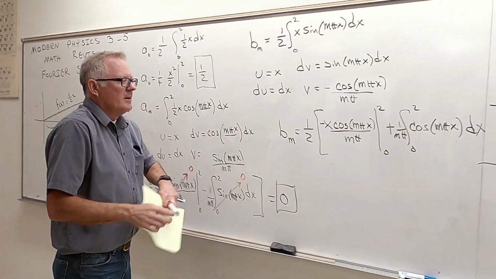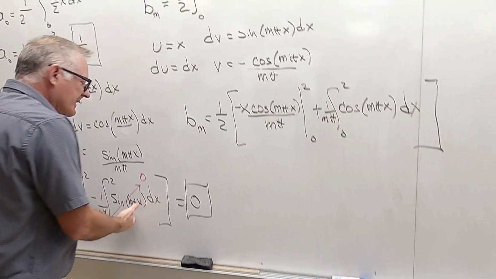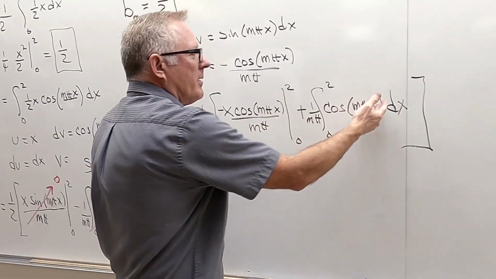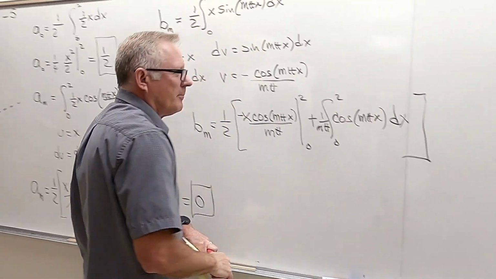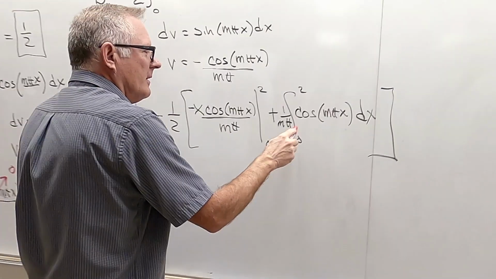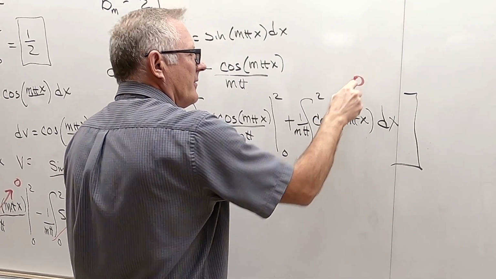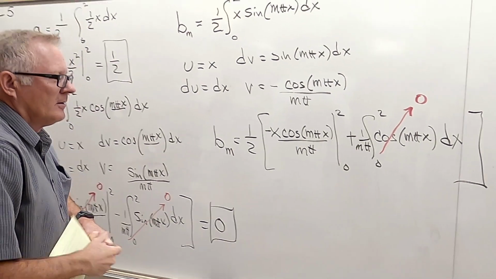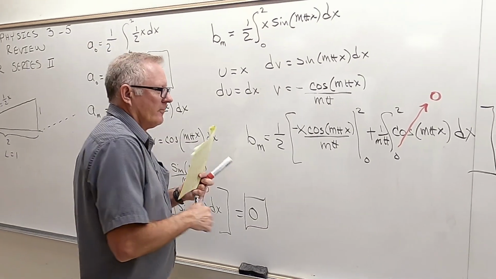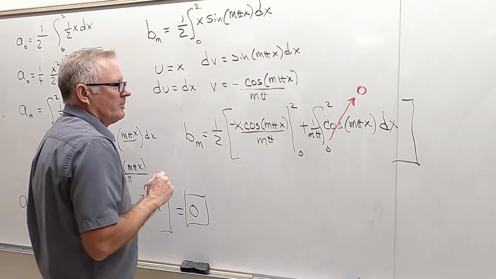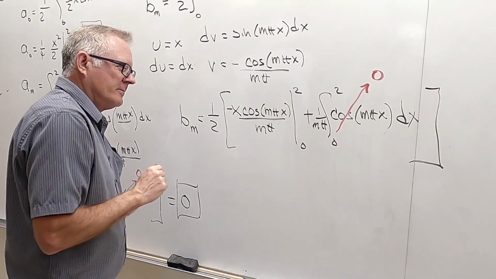Okay, well, same reason we said this one is 0. This is cosine of m pi x over L. We said over an entire period, that's always 0. So this term is 0. This term over here, when we plug in 0, we get 0.